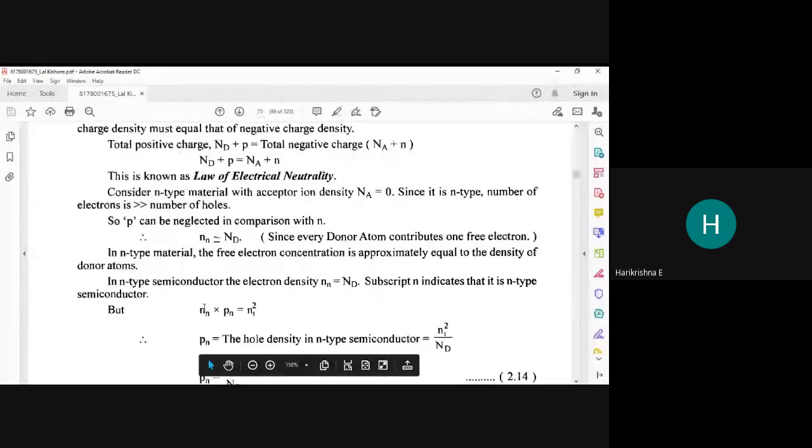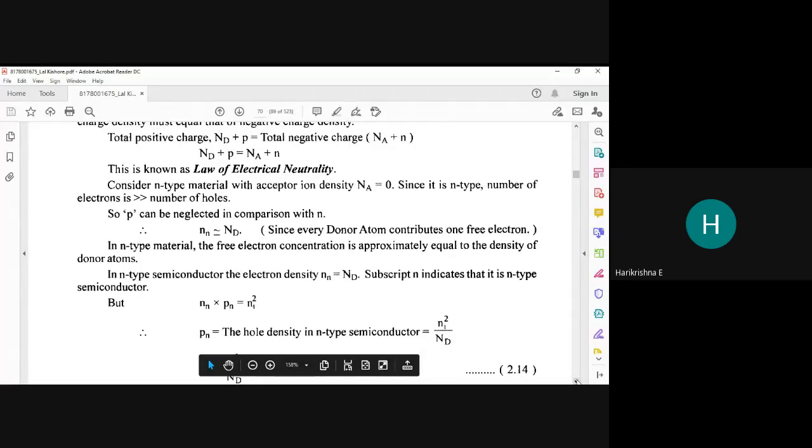First N indicates electrons, second n is N-type. First P indicates holes, n is N-type. So holes multiplied by electrons is equal to Ni square, so the concentration of holes in N-type semiconductor is Pn equal to Ni square by Nd.